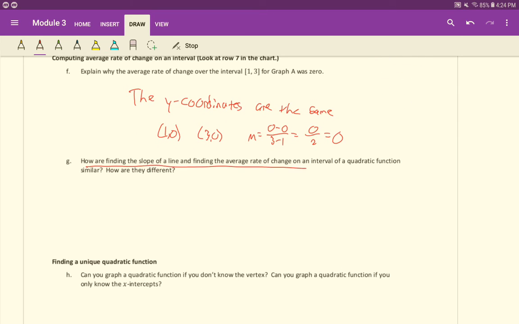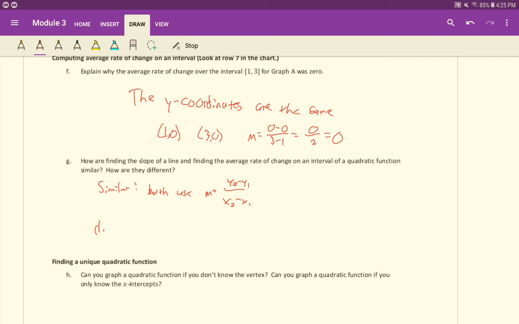How are finding the slope of a line and finding the average rate of change on an interval of a quadratic function similar? How are they different? So similar, okay, both use the formula y2 minus y1 over x2 minus x1.